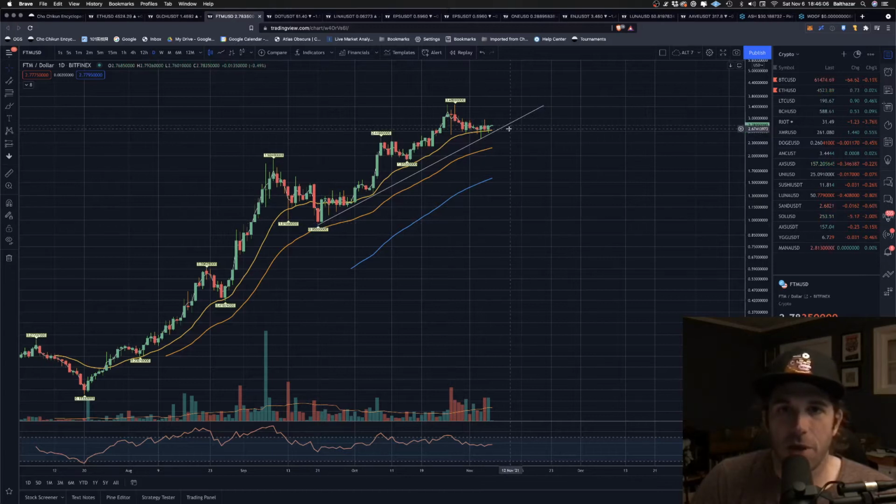So for me, if I'm long this coin, I'm going to want to see a break of that trend line, and then that would be a time for me to take profit. Because we could go higher, we could see that. But I'm always looking for a series of red flags that tells me, okay, this trade is over. If I'm in long, the first red flag is going to be the slowing momentum.